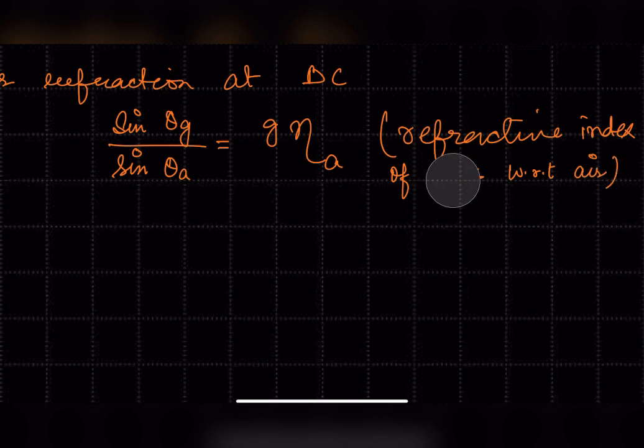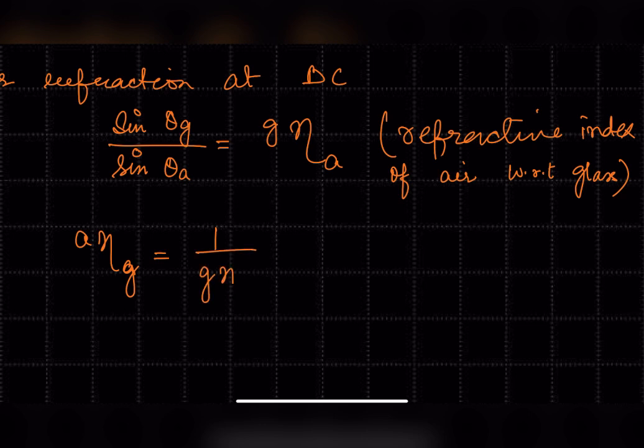Oh, refractive index of air with respect to glass, sorry for that. Okay, so can I write this one as the refractive index of A with respect to G will be equal to 1 by G with respect to A? Can I write it like this?